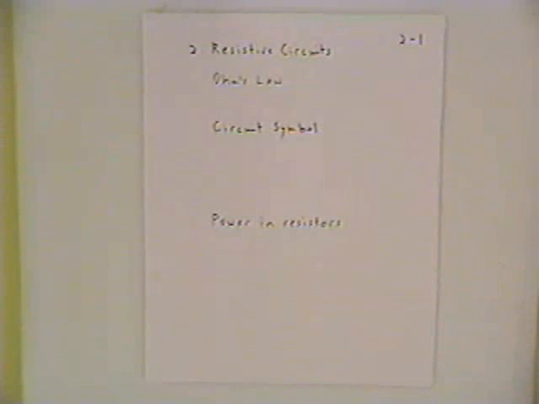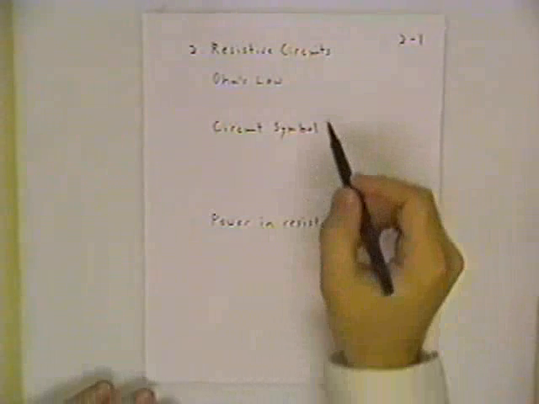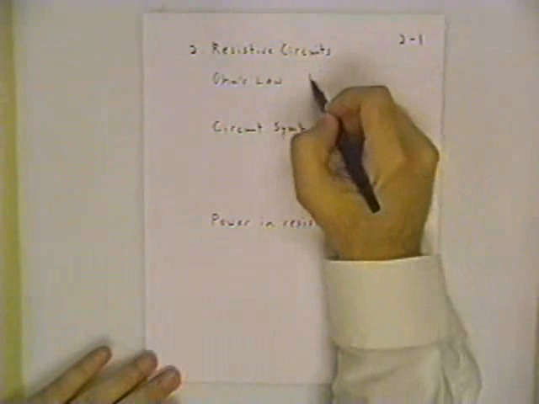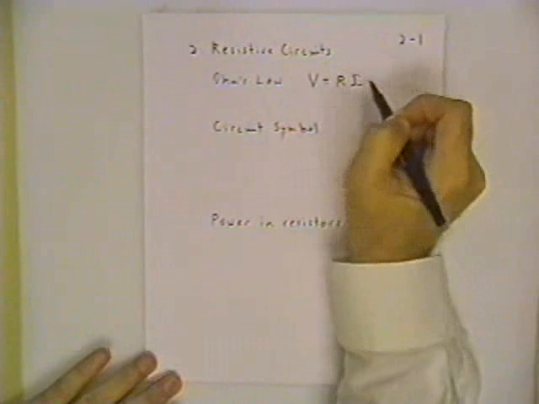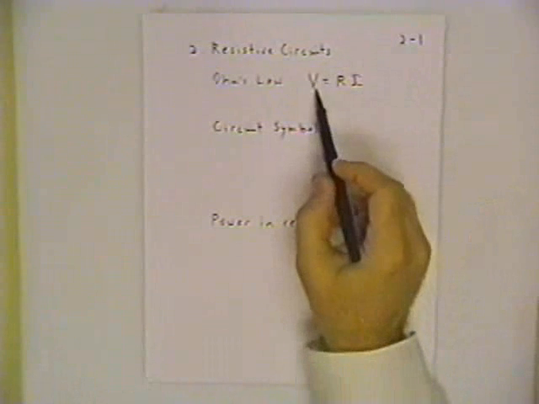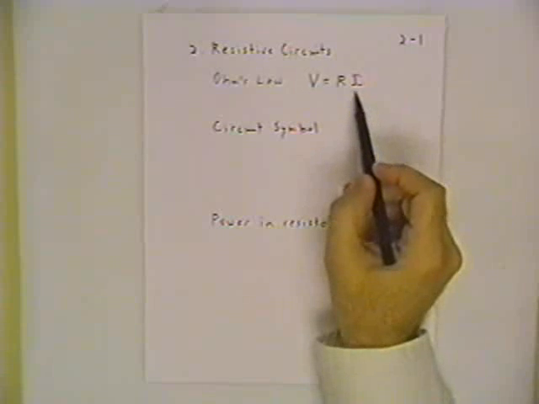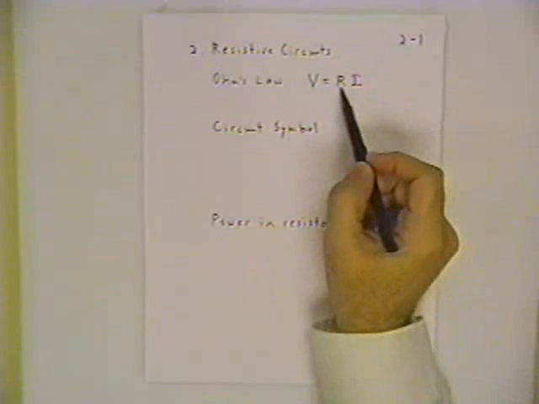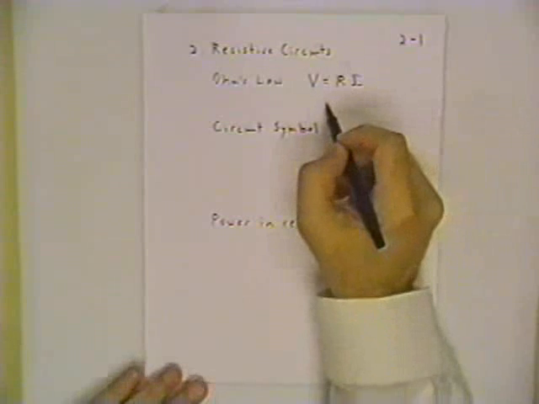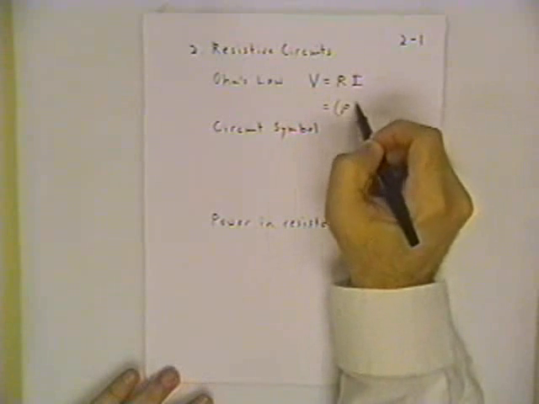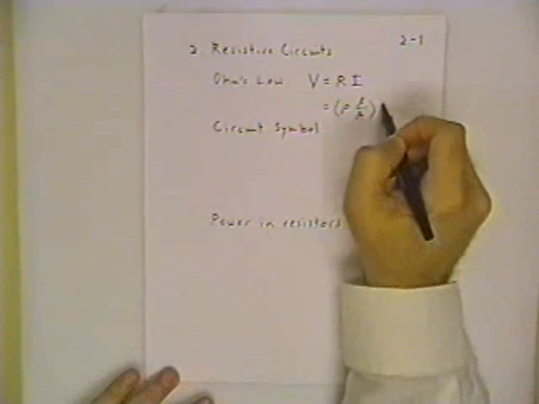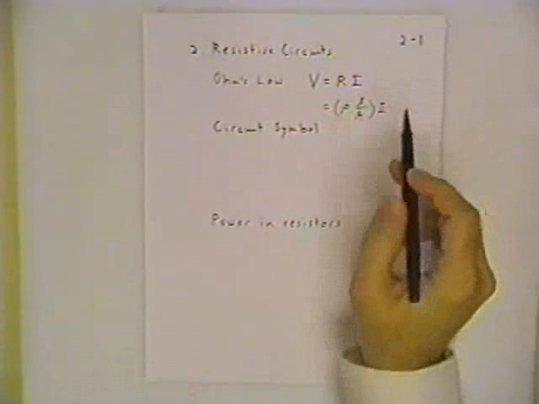Well, now that we've finished our review of the fundamentals, it's time to get into some actual circuits. And to start off, I'll remind you again that Ohm's law says for a resistor, the voltage is proportional to the current, and the constant of proportionality is R. And I just want to remind you at this point, so we can understand series and parallel resistors better, you've got the rho L over A model to remember.